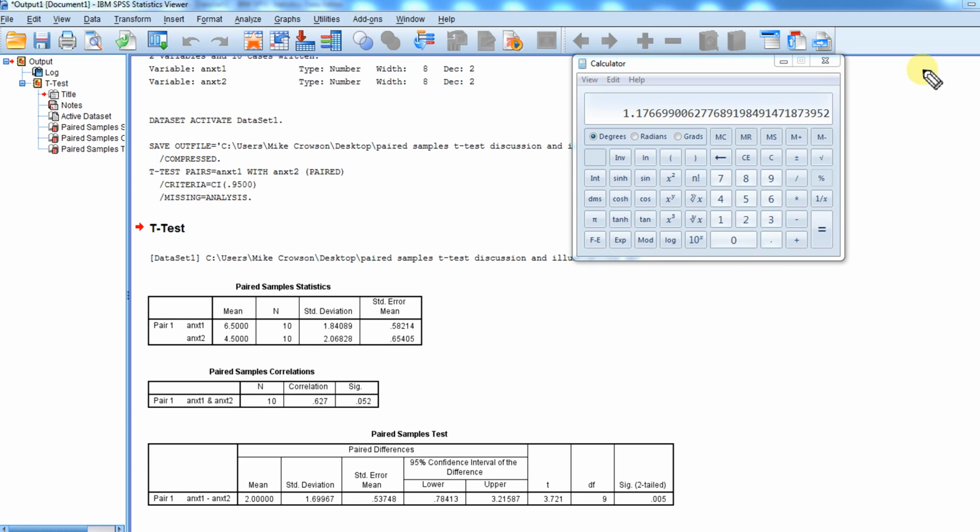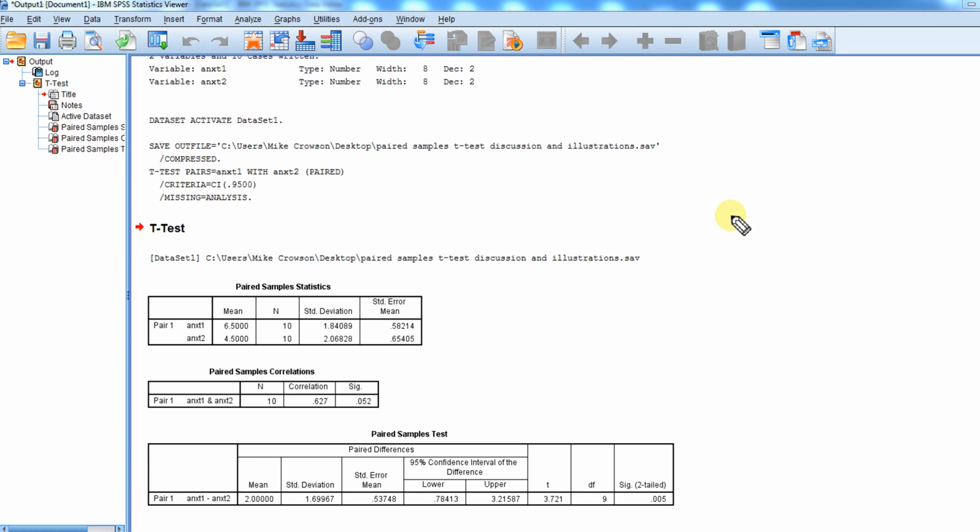What is small, medium, or large? Well, Jacob Cohen wrote a whole book on addressing the issue of effect size, with several editions, mind you. In it he presented Cohen's d, and he gave some rules of thumb, or conventions, for judging what constitutes a small, medium, or large effect.